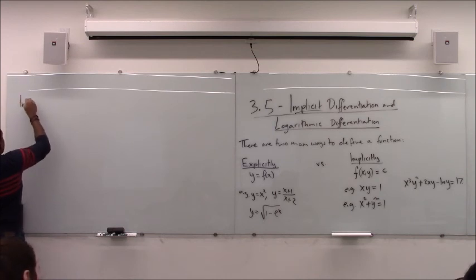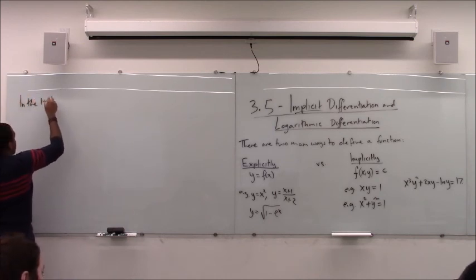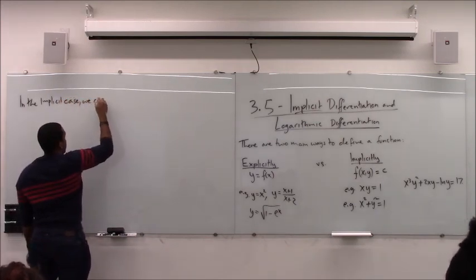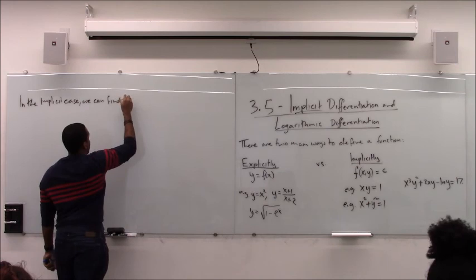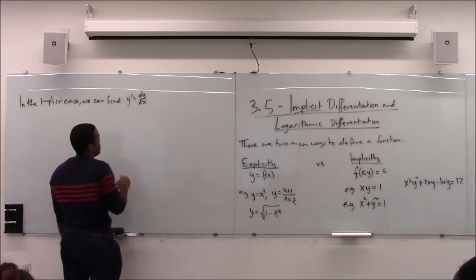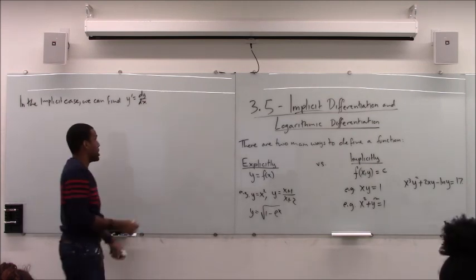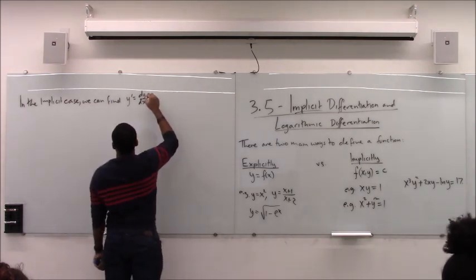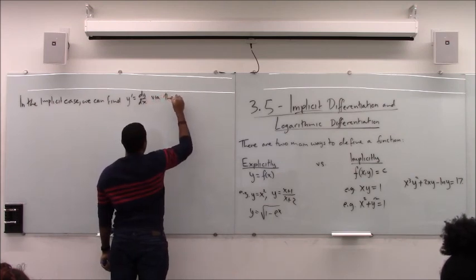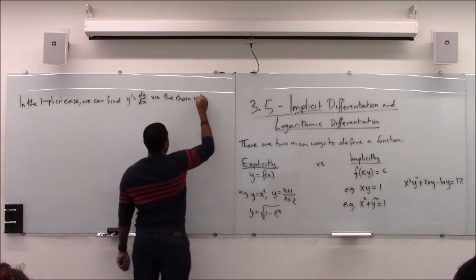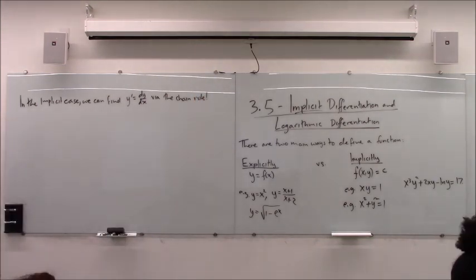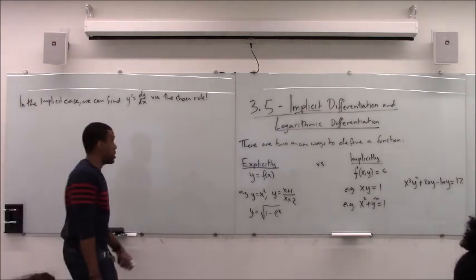In the implicit case, to find y prime, more specifically dy dx, where I'm thinking of x as the independent variable and y is just some function of x that I don't know about, the main rule is the chain rule. So I mentioned how important the chain rule is, and the chain rule comes to the rescue in this situation.